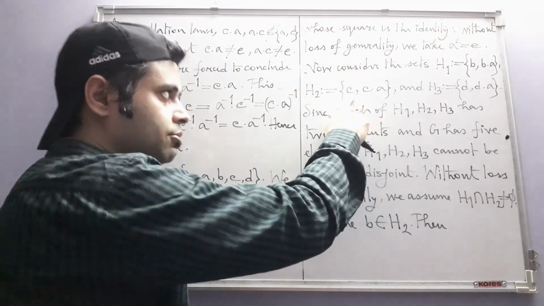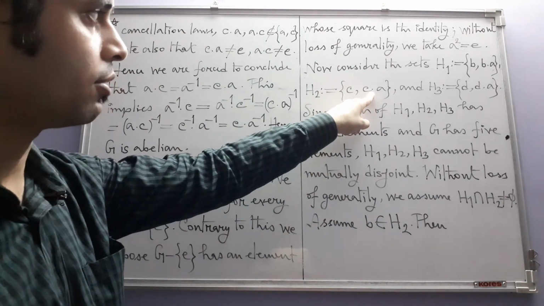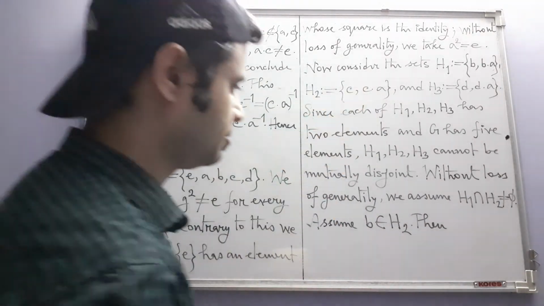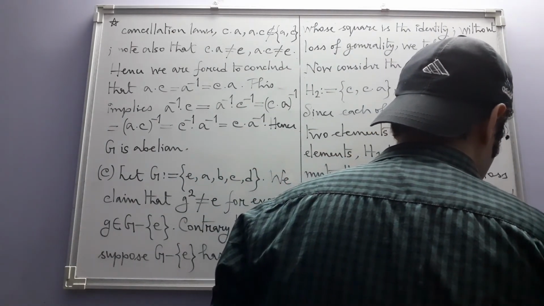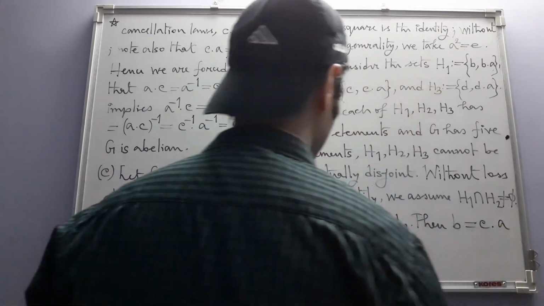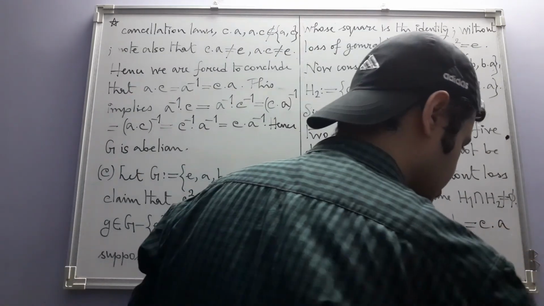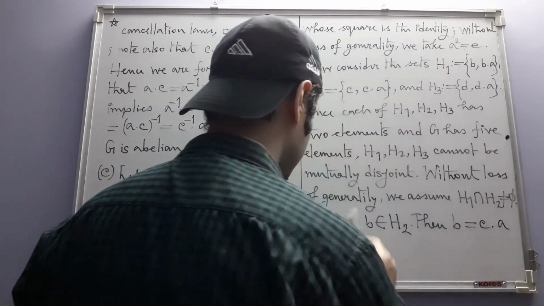B cannot be equal to C because B is different from C. So we are forced to conclude that B is equal to C dot A. Then B is equal to C dot A, and hence we can write like this also. That will be much better.